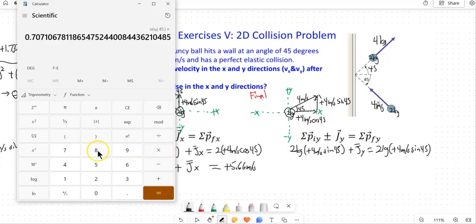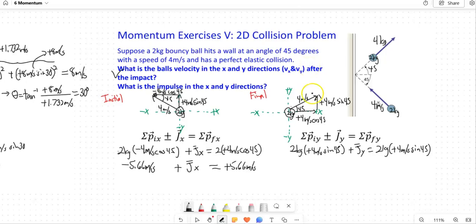So times 8 equals 5.66. So this is a positive 5.66 meters per second in the y direction, plus the impulse in the y direction, which is equal to positive 5.66 meters per second in the y direction in the end.